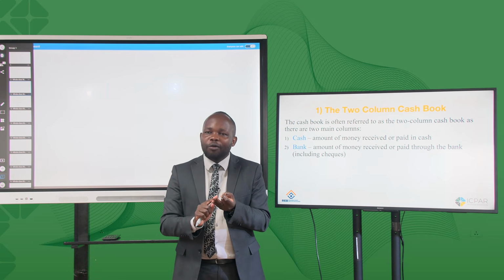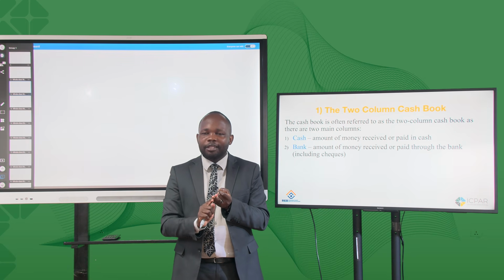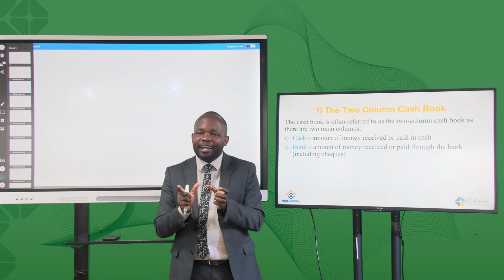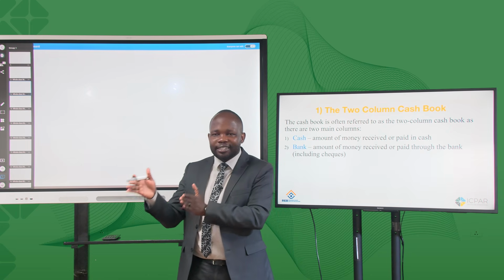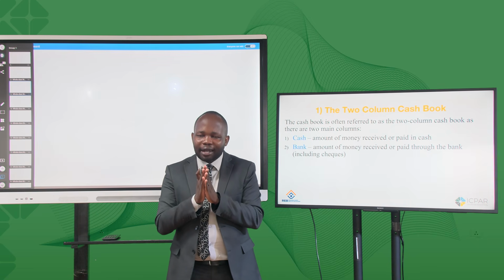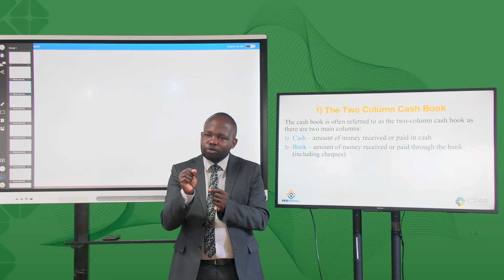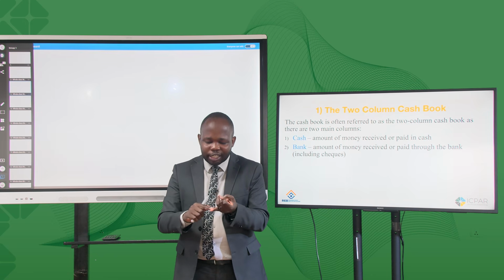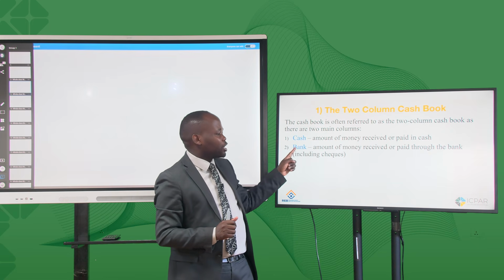In the bank section, we record receipts of money through bank and payments of money through bank. That means a cash book has both the debit side for receipts and the credit side for payments. So in a 2-column cash book, the key point is the last 2 columns are cash and bank.